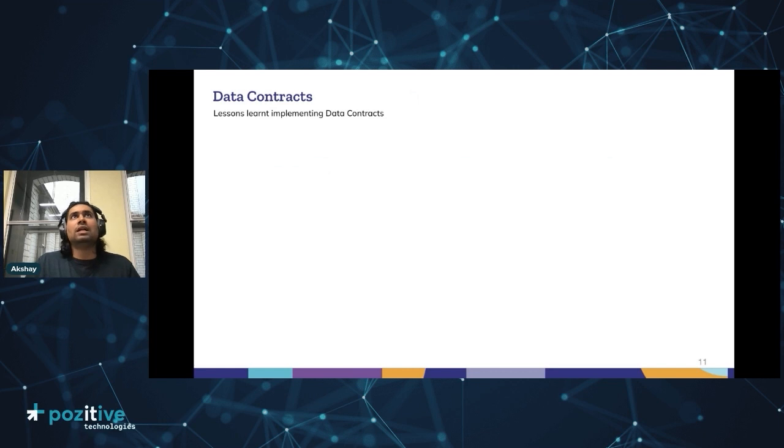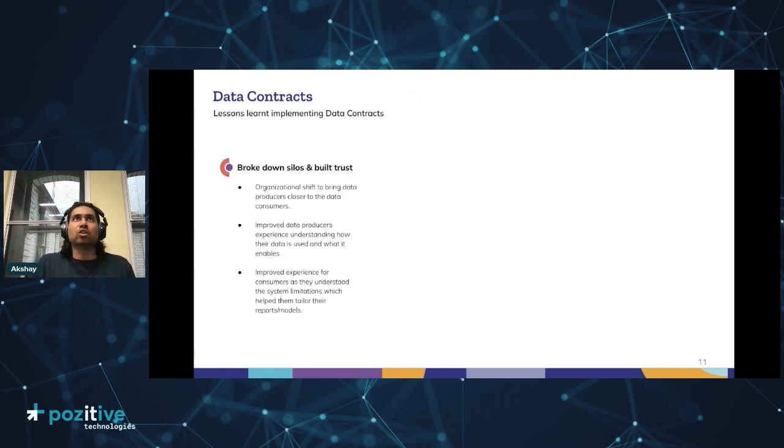So we started implementing data contracts, and I'm just going to share a few lessons that we've learned implementing data contracts at this research publishing company. Before we started, the way consumers would work is that they would just share a sheet of sorts with a bunch of columns that they wanted from the producers.